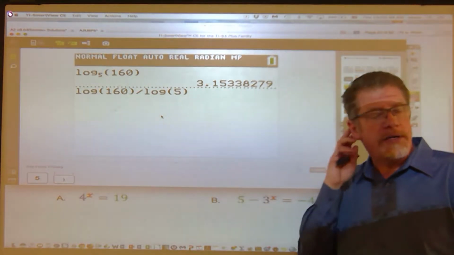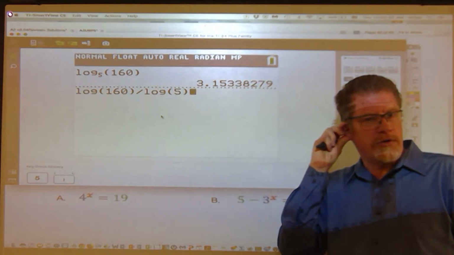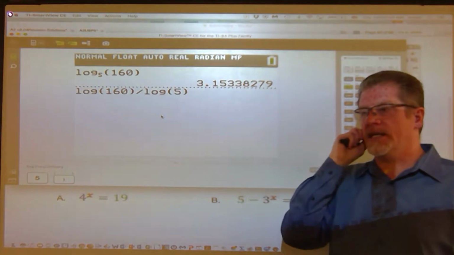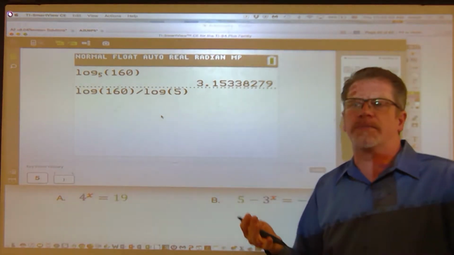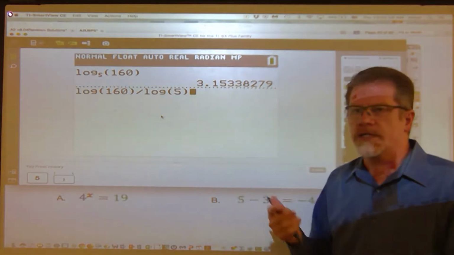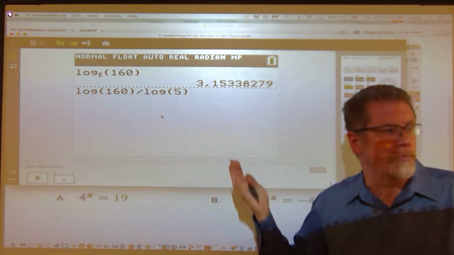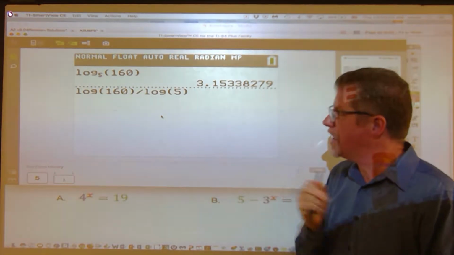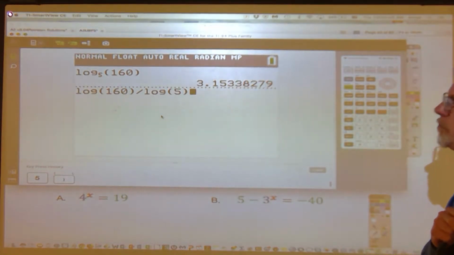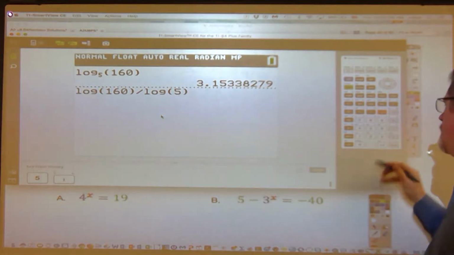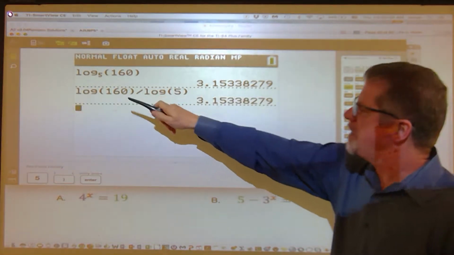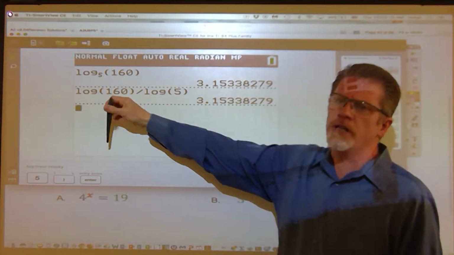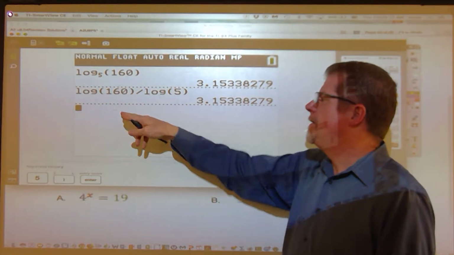I've seen situations where students are going in to take the ACT or the SAT and their calculator doesn't have battery, so they have to borrow their brother or sister's calculator and there's no math print, and they have to know what's going on without math print. So we just want you to understand the concepts. If you want to find the log base 5 of 160, would all of you please type it in both ways?